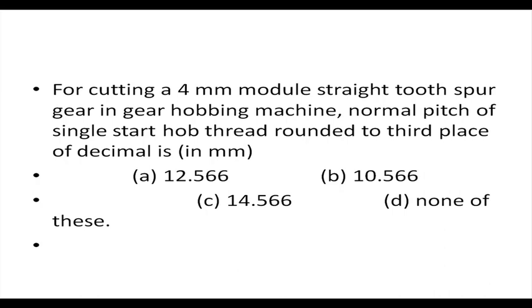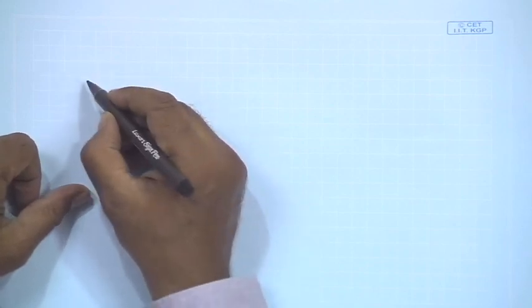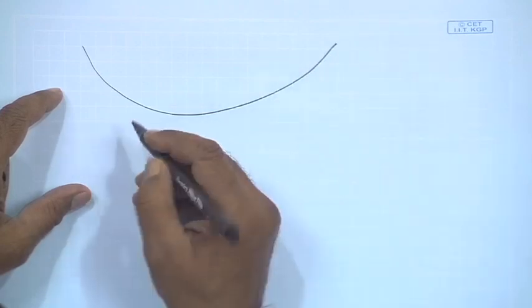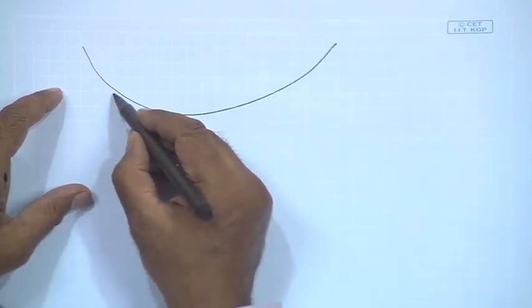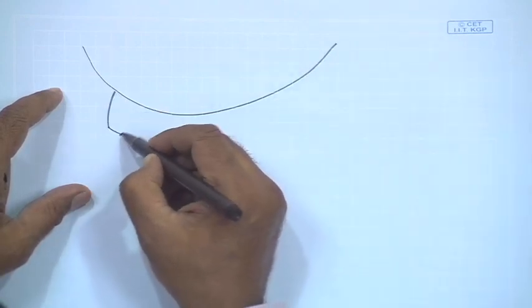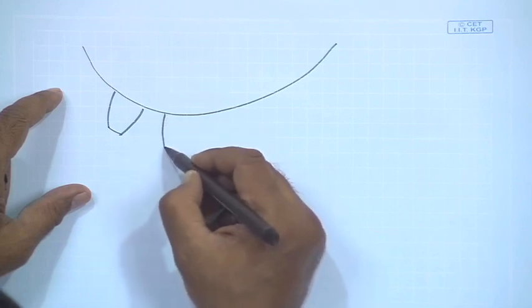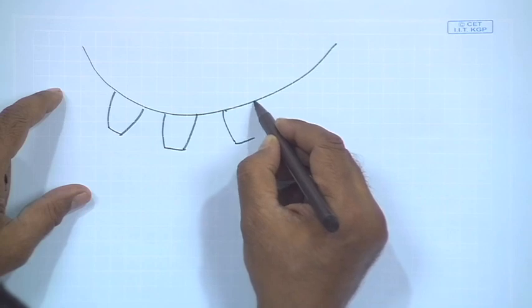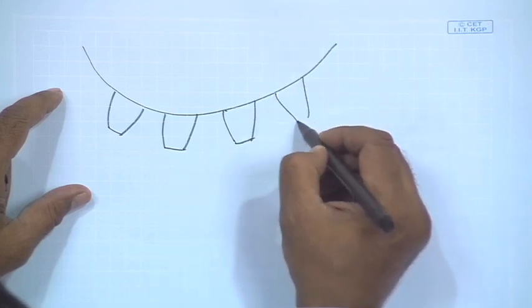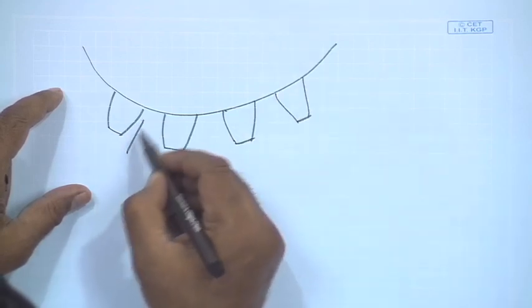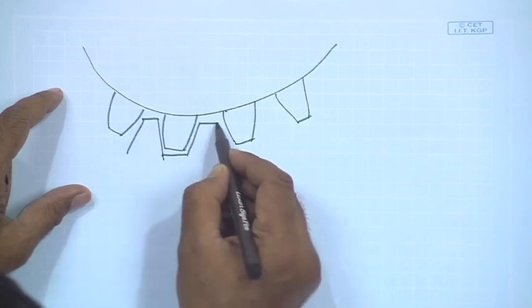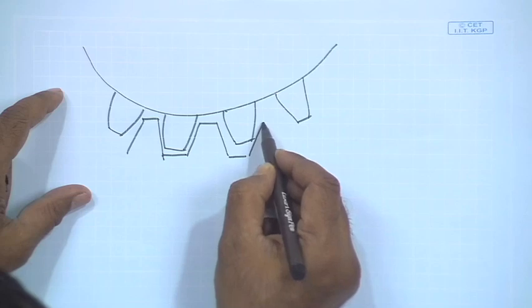If you have a look at the sheet of paper, we have this sort of a relation existing. Say this is the basic gear, and with this one we are drawing these being the gear teeth. We have the hob, which is actually a worm with cutting edges.